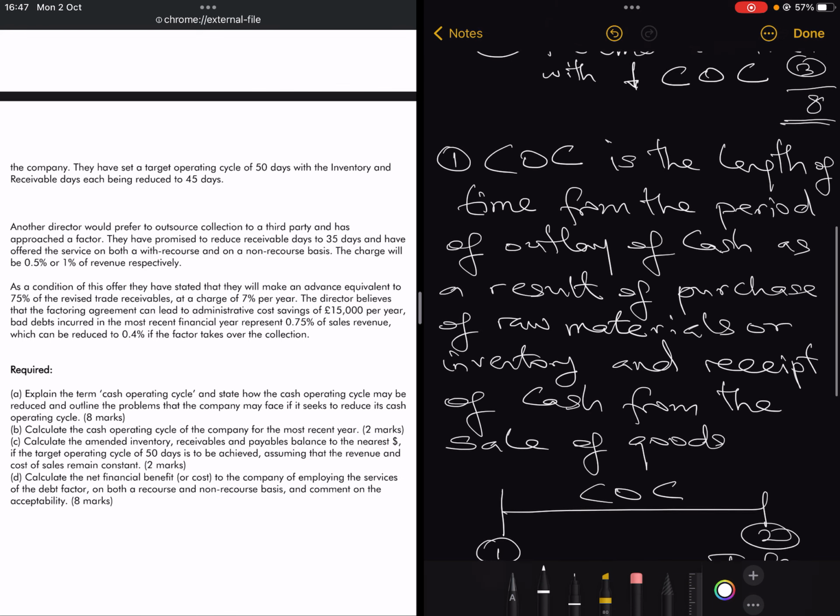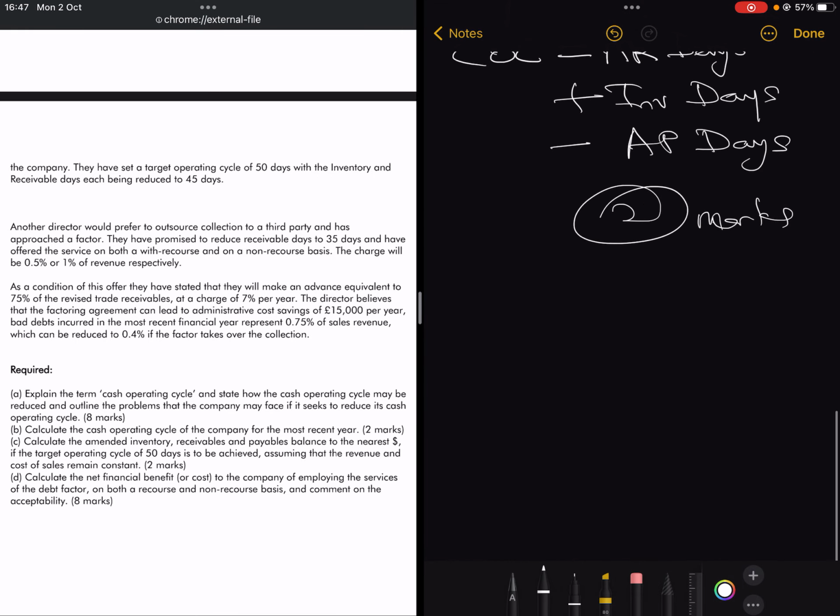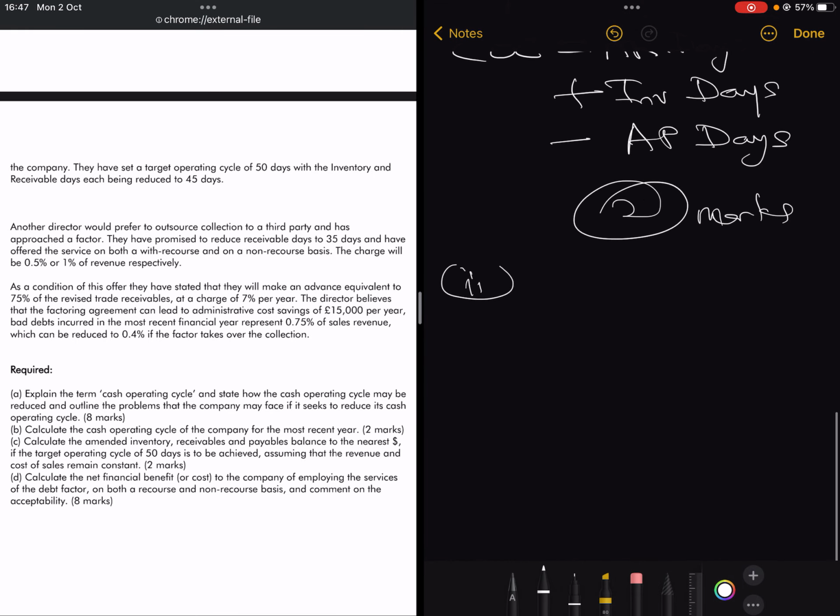Now, the second part of this same question says you should state how cash operating cycle can be reduced. So second part, from the formula, you know that the cash operating cycle is AR days plus inventory days minus AP days.